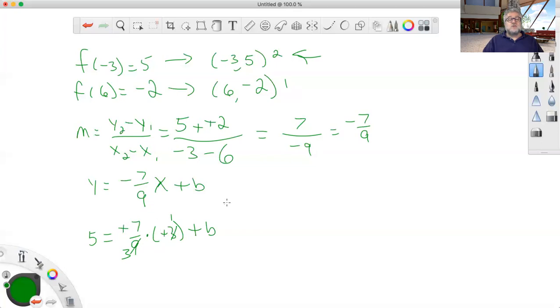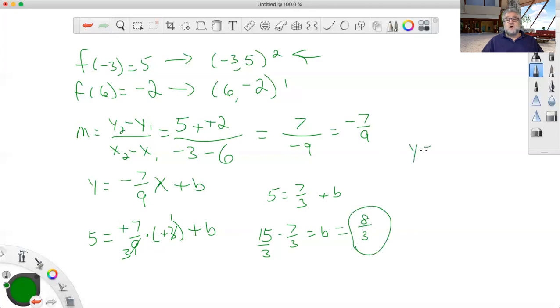So I'll get 7 over 3 plus b. So 5 minus 7 over 3 equals b. I'll make this get a common denominator. So times 3 over 3. So 15 over 3 minus 7 over 3 would give me 8 over 3. So that's b.